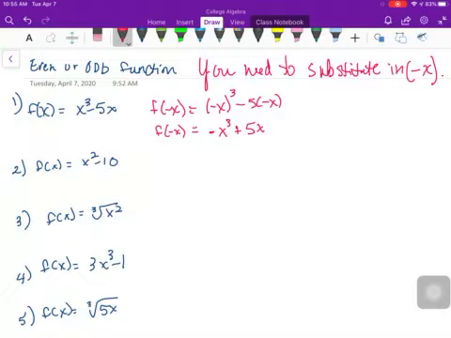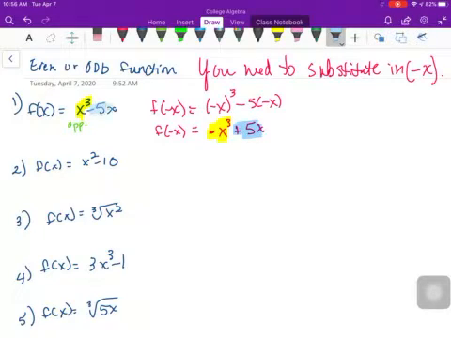So we are now going to check each part of it. My first term, negative x cubed, compared to my original function, x cubed. Those are opposites. My next term, positive 5x.